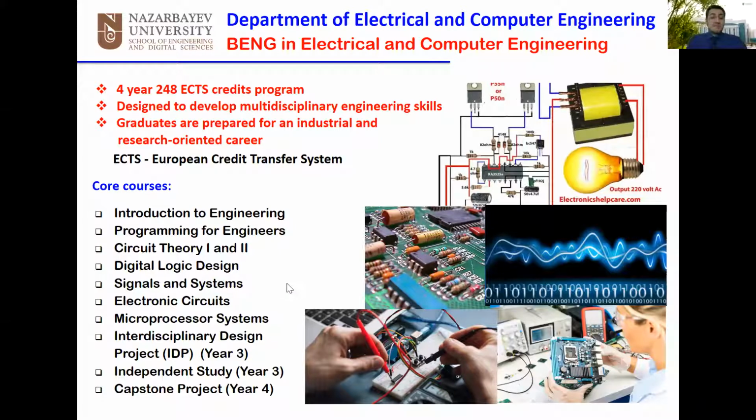Then digital logic design, signals and systems, electronic circuits, microprocessors. We also have a course on interdisciplinary design. That's why I told you that we are preparing our students for multidisciplinary action. We have the IDP project, independent study, and the capstone project.